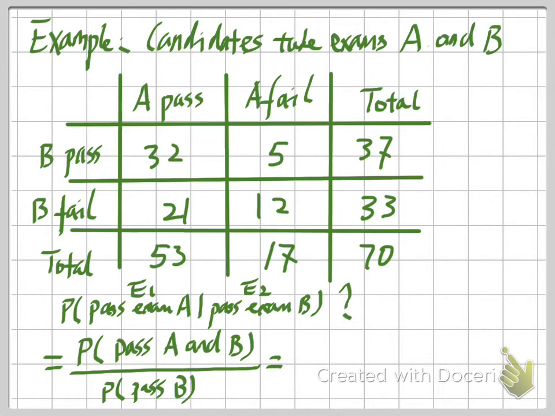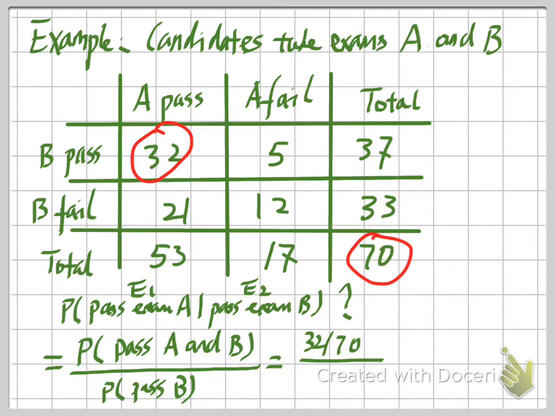To compute them, we first look at the numerator, the people who pass both exams. We know 32 people pass both, and in total we have 70 candidates. So the probability of passing both exams is 32 divided by 70, right?